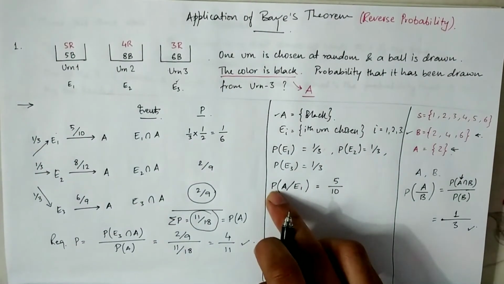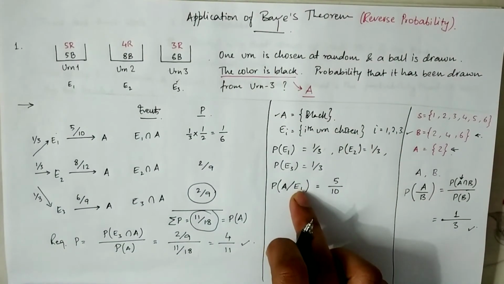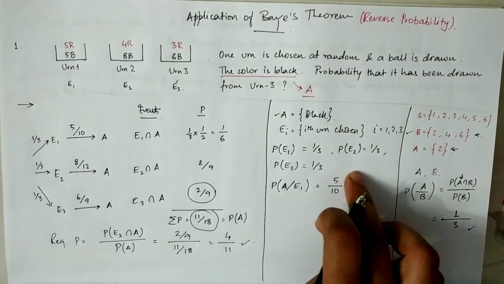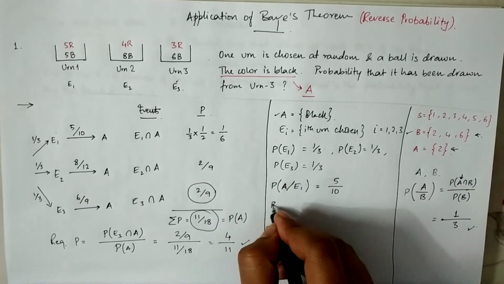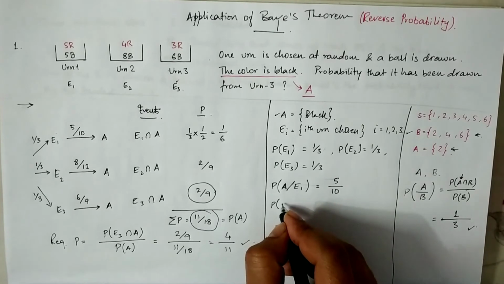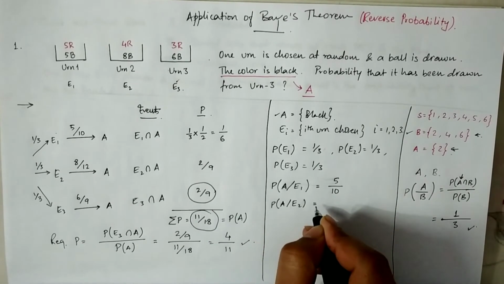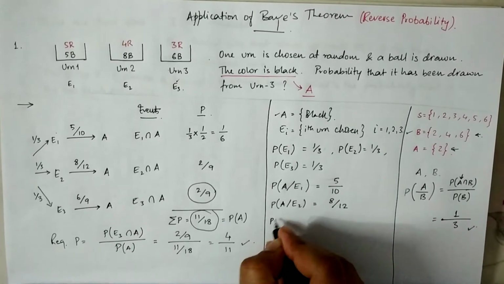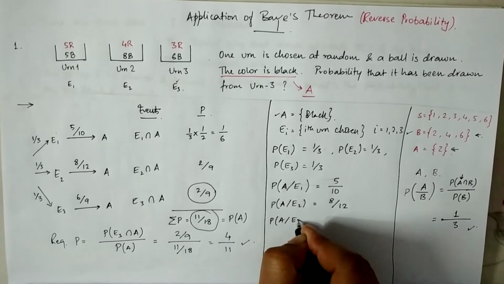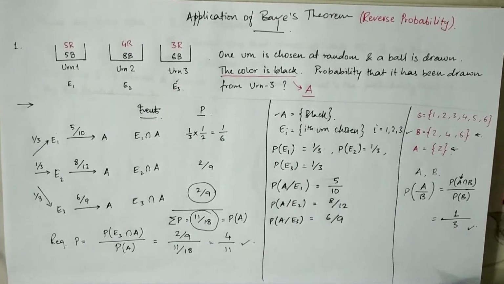Again, this is a conditional probability. The probability of choosing a black ball given the second urn is chosen is 8 upon 12. For the third one, it is 6 upon 9.